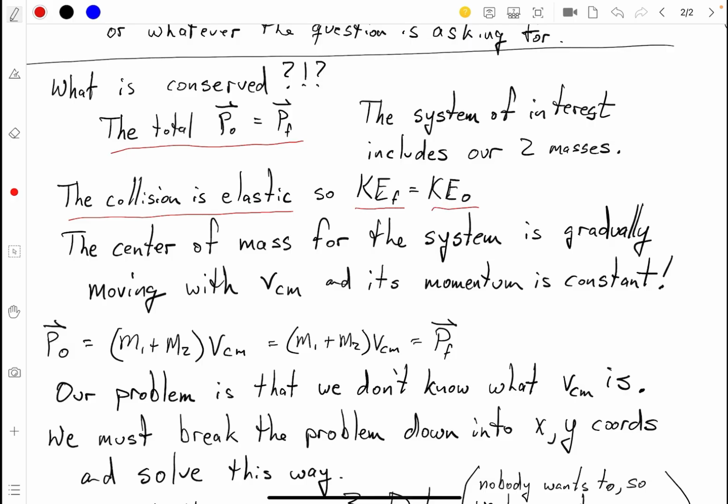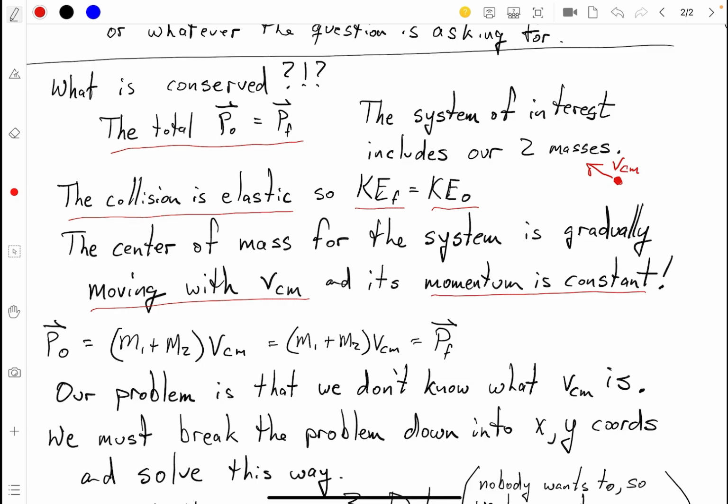The center of mass of the system stays moving at a constant velocity. That's the whole point. The center of mass for the system is here. It doesn't matter where the particles are, and it's moving with some V center of mass. And before the collision and after the collision, that doesn't change. Okay, that's the whole point.